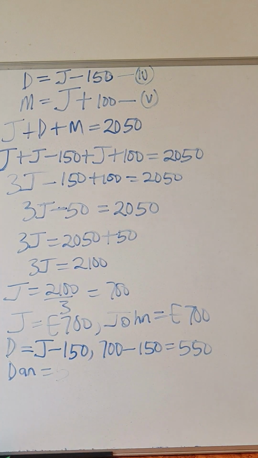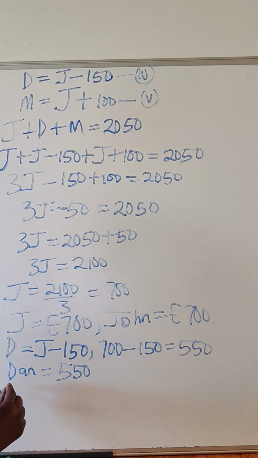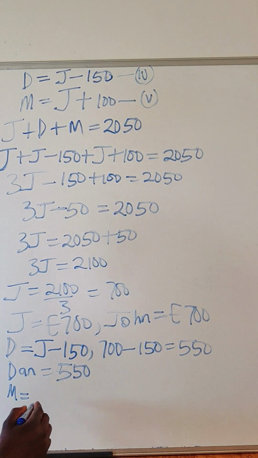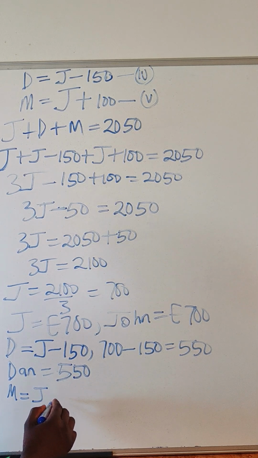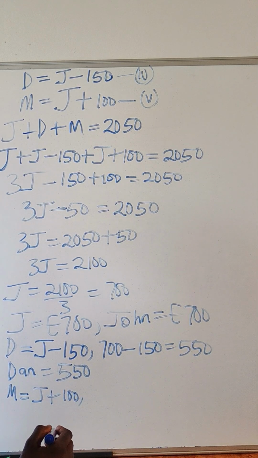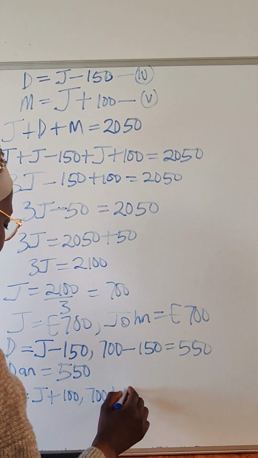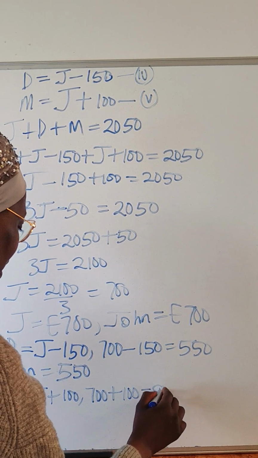So it's 550 for Dan. And for Moses, we use equation 5, which is J plus 100. From our calculation, J is 700, plus 100 gives 800.